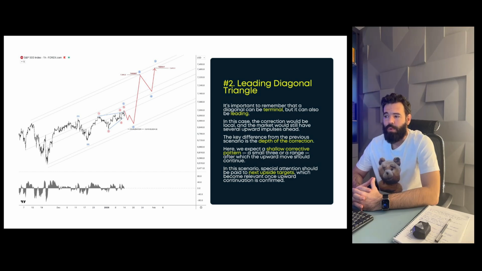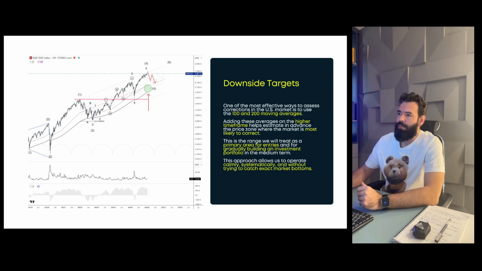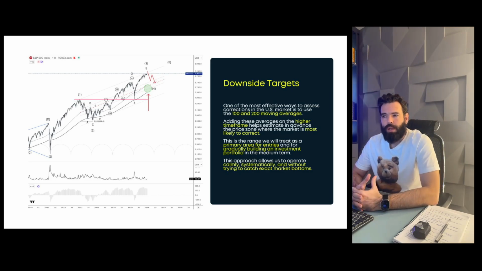Here we expect a small corrective pattern, either a three-wave move or a sideways range, and after that the growth will continue. In this scenario, special attention should be paid to the subsequent target levels, which I have shown for you on the chart. This is the final signal line of our reversal forks, and the targets are 7,350 and 7,400 in the long term. Accordingly, friends, sooner or later a correction will begin.